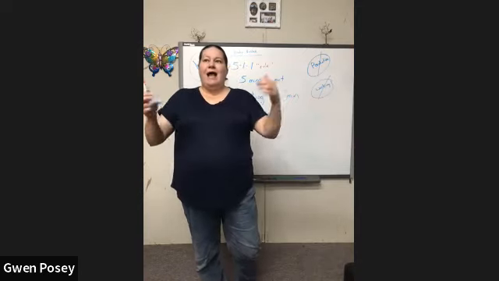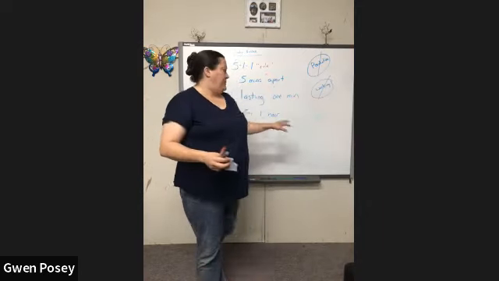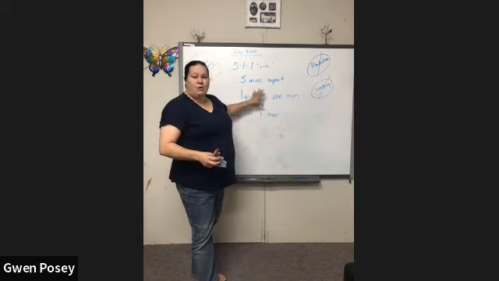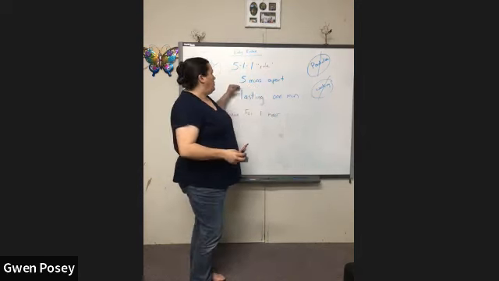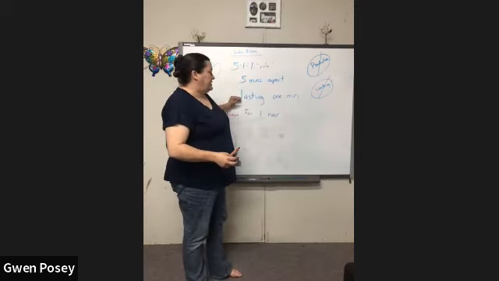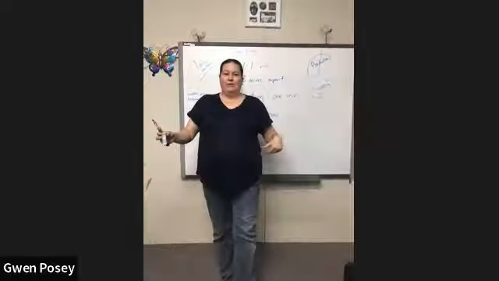Those women will act and behave very similar to a primip. This rule is most women, 5 minutes apart, lasting 1 minute for an hour long. If a woman has had no contractions whatsoever, everything okay?